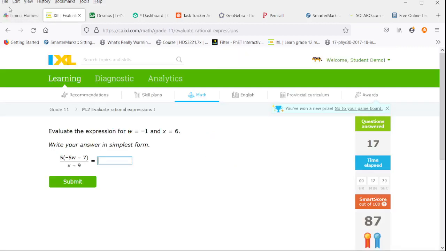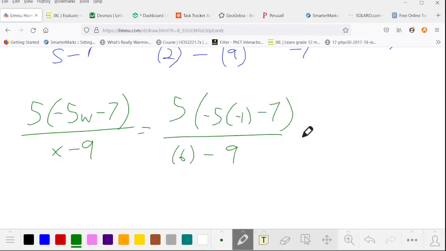Just double check. Yes. So that is 5, and then 5 minus 7 is negative 2 in there, over negative 3. That's negative 10 over negative 3, or 10/3.